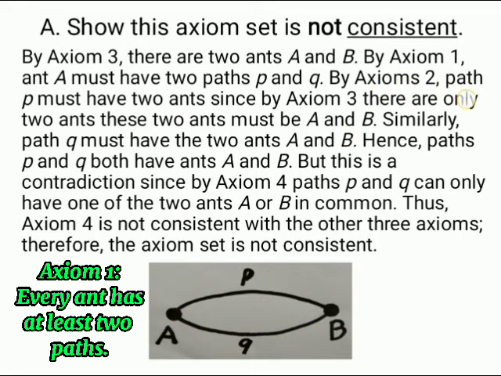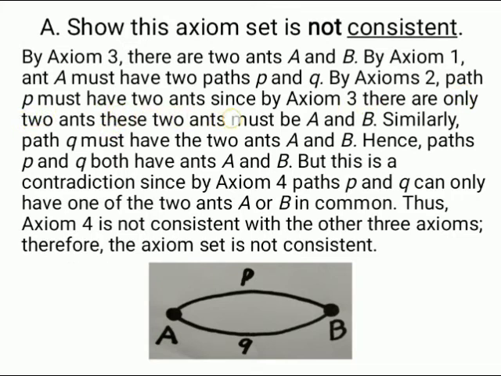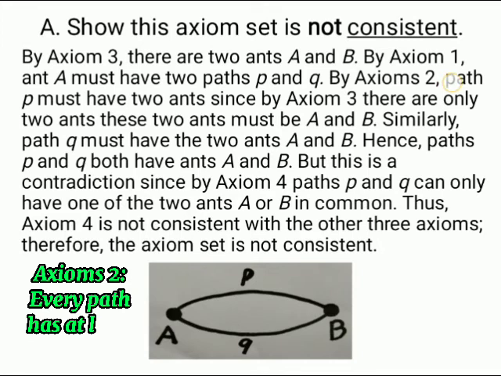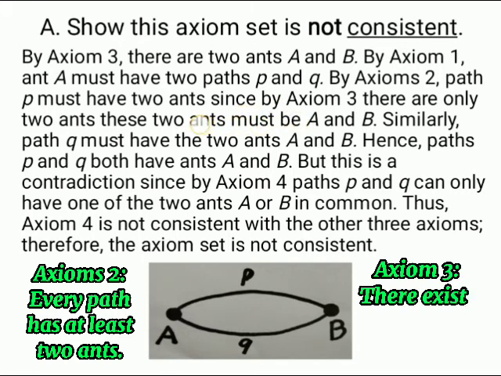By axiom 2, path P must have two ants. Since by axiom 3, there are only two ants, these two ants must be A and B. So, sa axiom 2 natin, di ba nakasaad doon na every path has at least two ants. Dapat merong dalawang ants. Kaso, di ba, sa axiom 3 din, sabi din doon na exactly two ants.